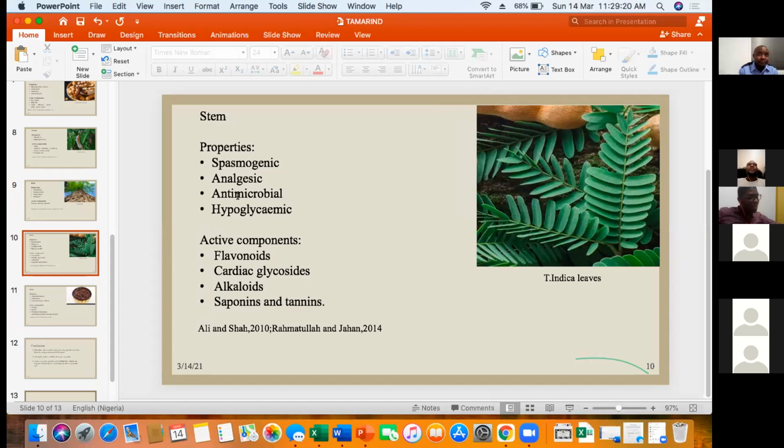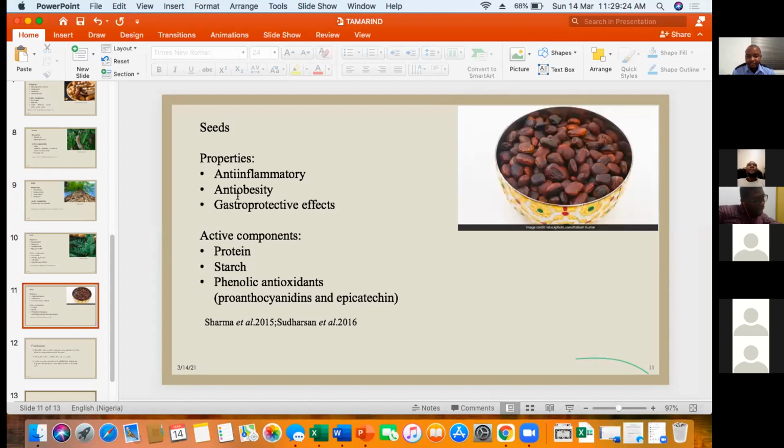And the seed has anti-inflammatory and anti-obesity activity. I may go molecular. I hope you'll be able to follow me.